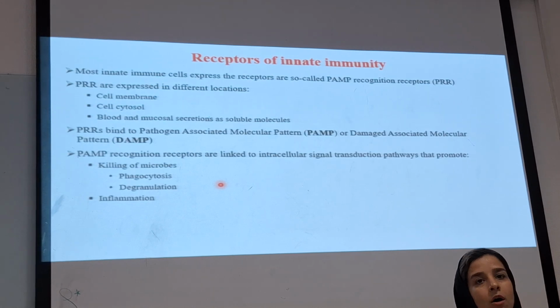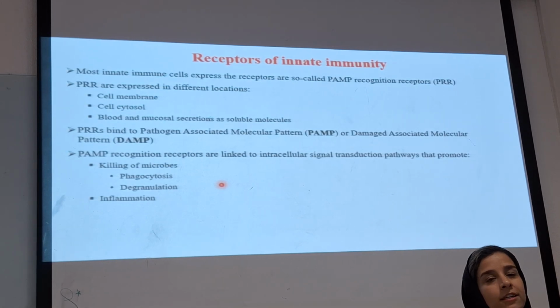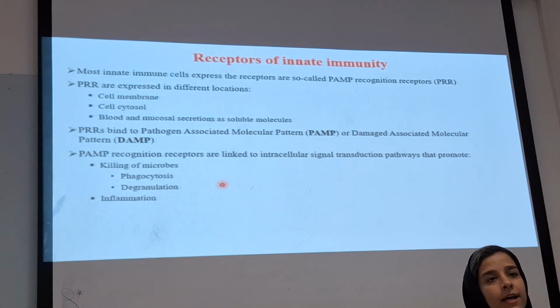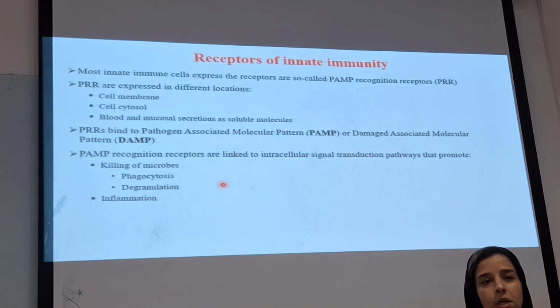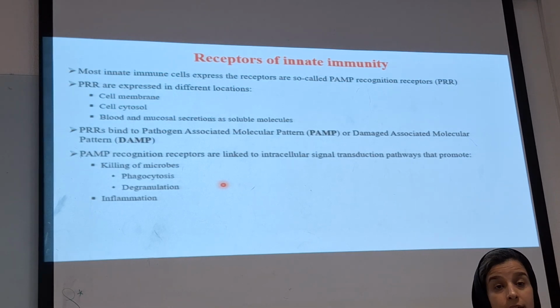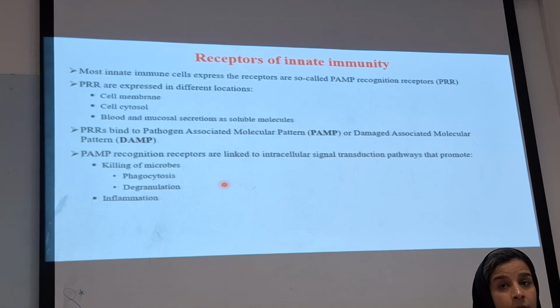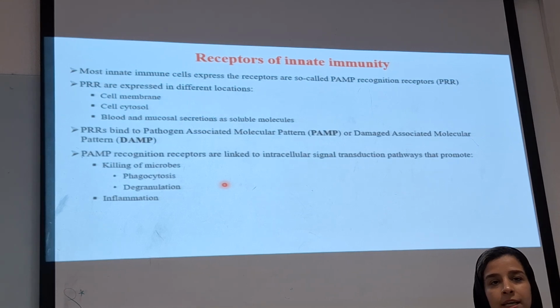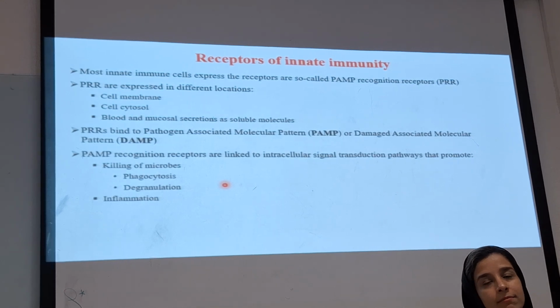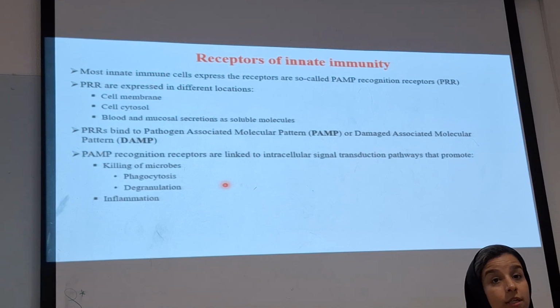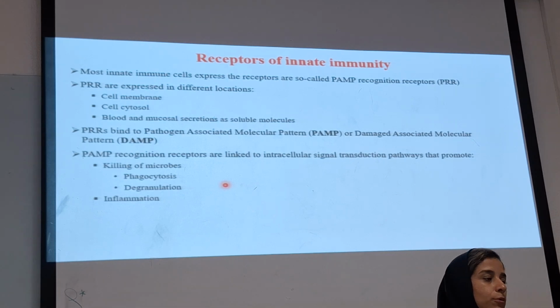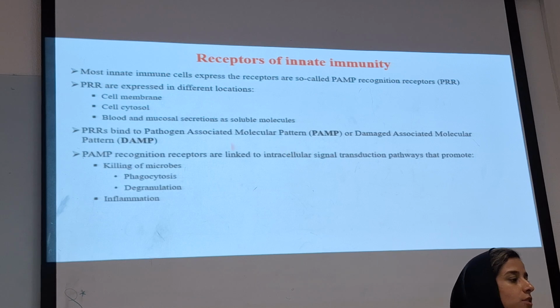Innate lymphoid cells are like T lymphocytes, and we have different subtypes of innate lymphoid cells in our body. They are classified as innate immune system, but they are like T helper 1, T helper 2, T helper 17, and protect us against pathogens as a first line of defense.